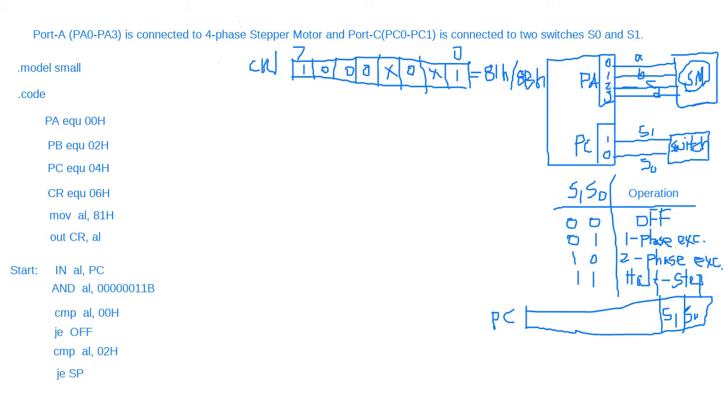If it is not, then compare AL comma. Oh sorry, this one is 1 actually, not 0 2.